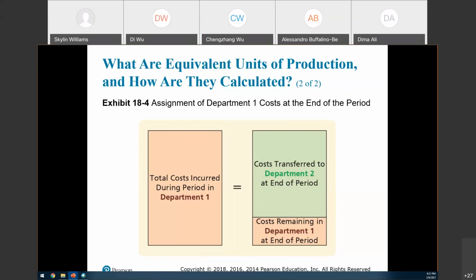First, the costs of the units completed that can be transferred out to the next department. And the second part is costs remaining in Department 1, which are the units not completed.